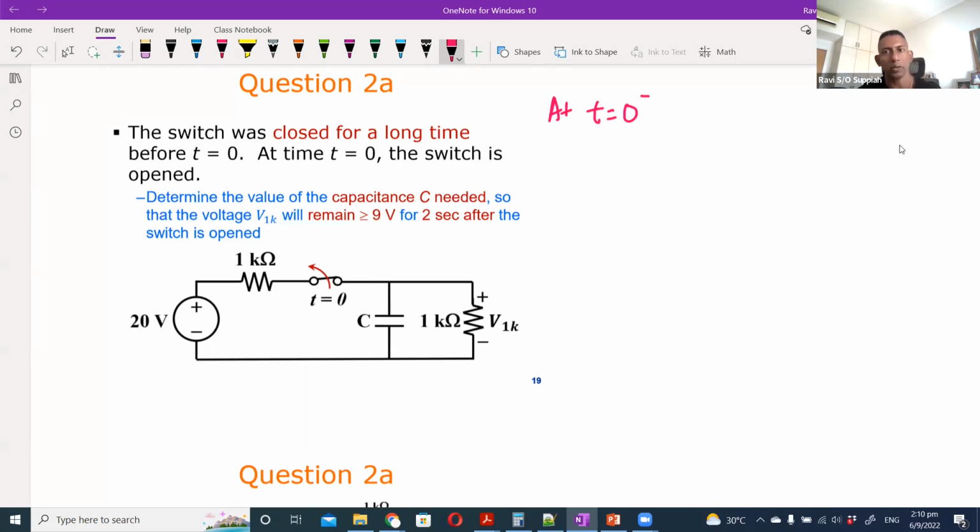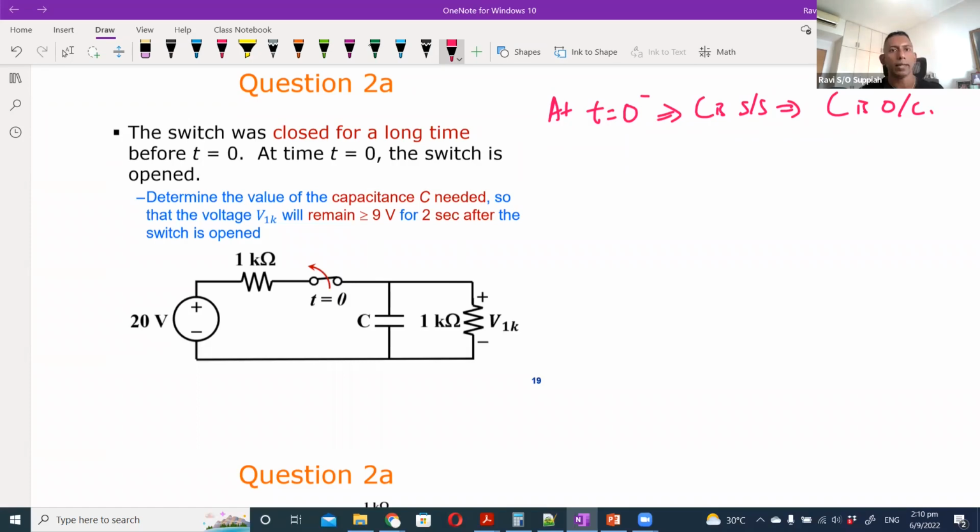So prior to t equals 0, it was closed for a long time, which means that the capacitor is already at steady state, which also means the capacitor is open circuit.